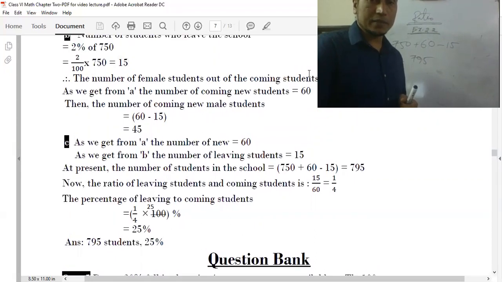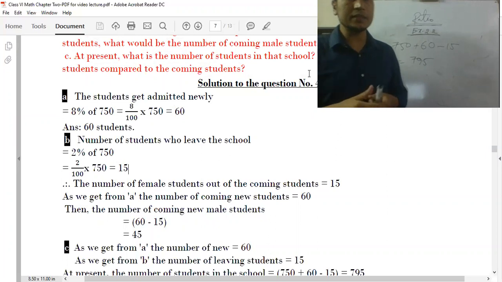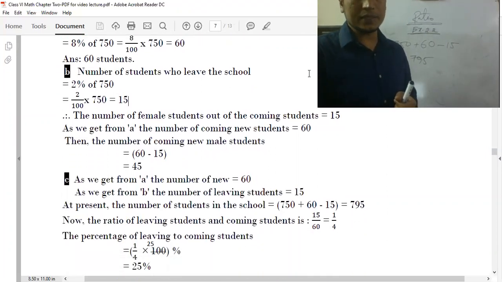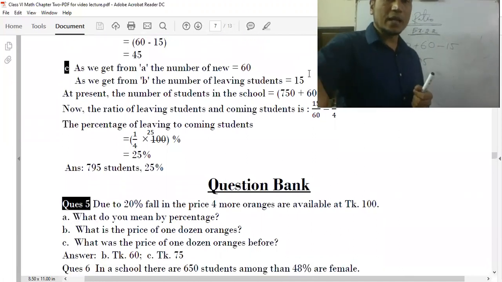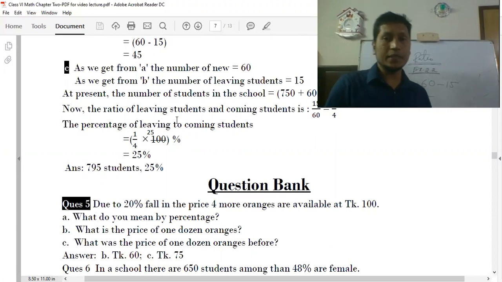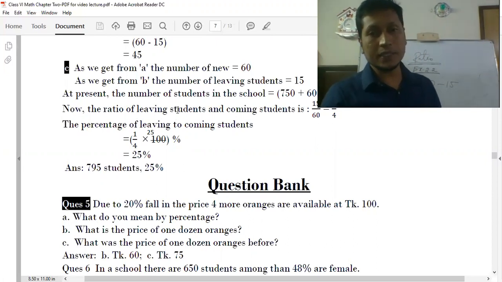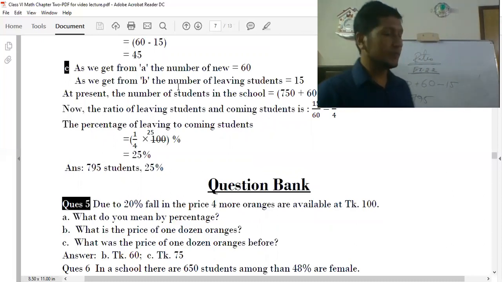So another option, the last part, says, what is the percentage of leaving students compared to the coming students? Here we have to know what the leaving students are and what the coming students are at first. The ratio of leaving students and coming students is 15 by 60. Very easy. From part B, we have known the leaving students are 15. And from A, we have known the newly admitted students is 60. So their ratio is 15 by 60, that is 1 by 4.